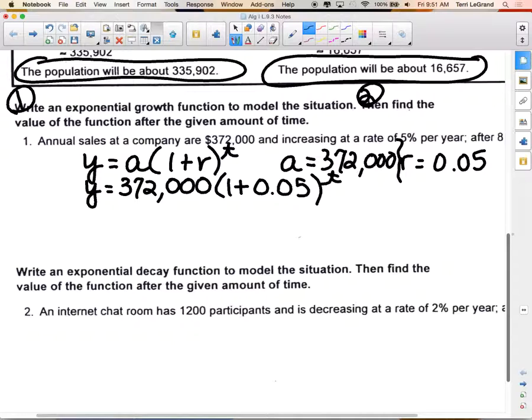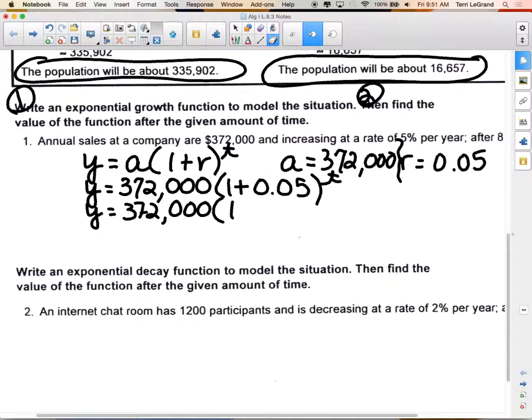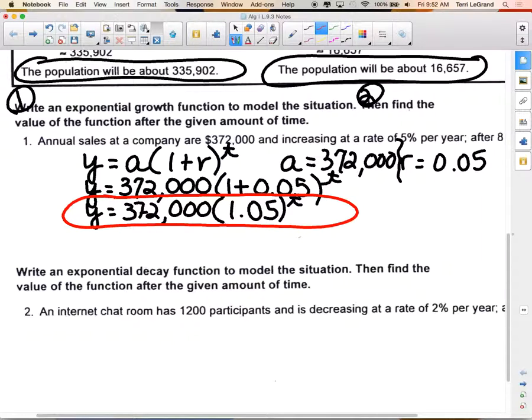All we do is clean that up. It's 372,000 times 1.05, add the 1 and the 0.05 together, raised to the t. There is our first answer.